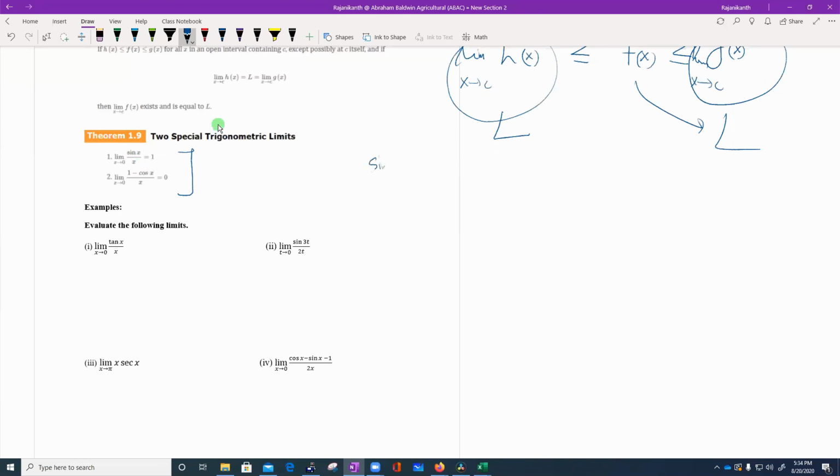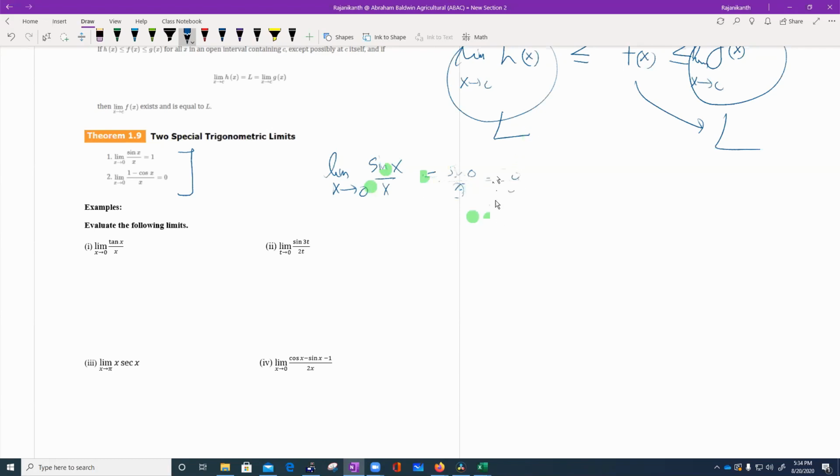Can I find the limit of sine x over x as x goes to 0 by using the previous methods? Can I simply plug 0 into the function? You will not get any answer, because if you plug 0 into sine x over x, you get sine 0 over 0, which is 0 over 0.